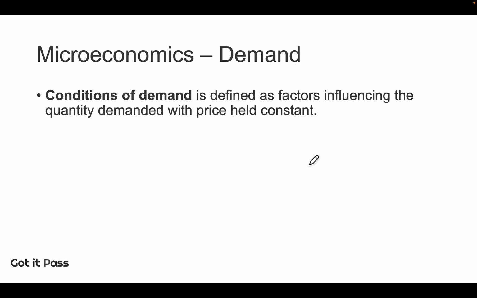For conditions of demand, it is a bit different. We keep the price constant and look at any other factors instead of price, other factors affecting or influencing the quantity demanded. So in other words, conditions of demand are those factors causing the demand curve to shift from one side to another.